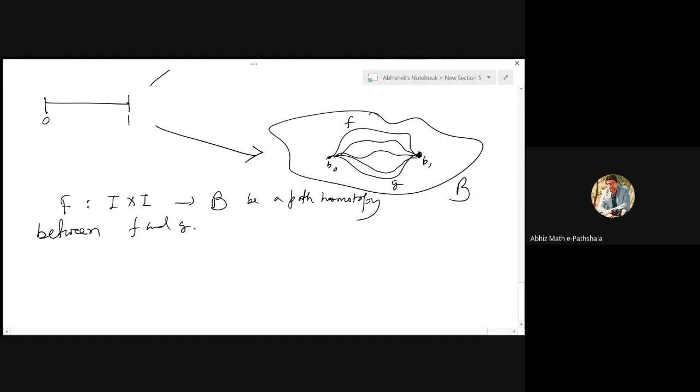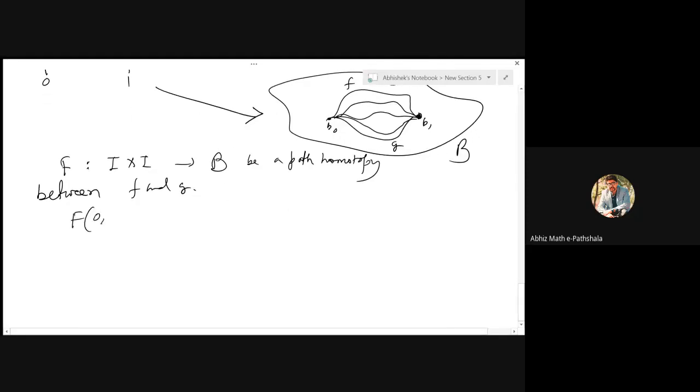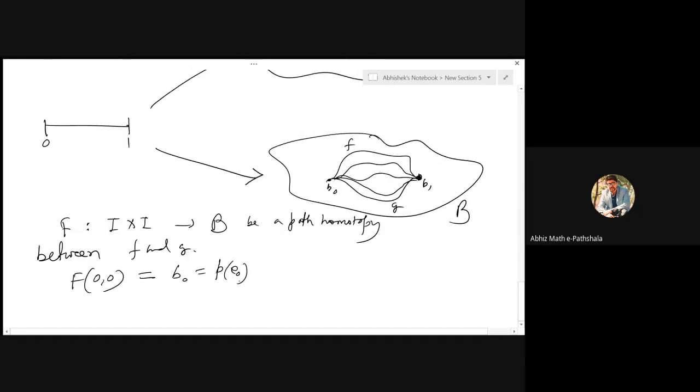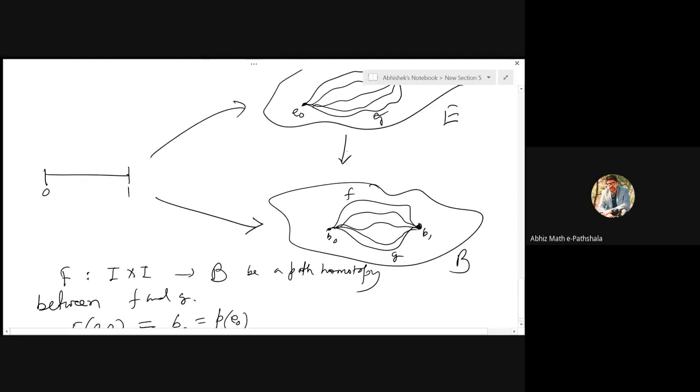And since it is a path homotopy, F of (0,0) must be b naught. That is where the map p maps to b naught at the point e naught.